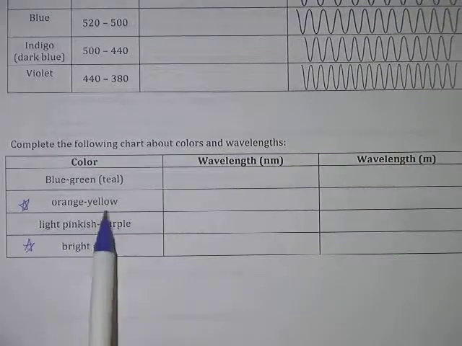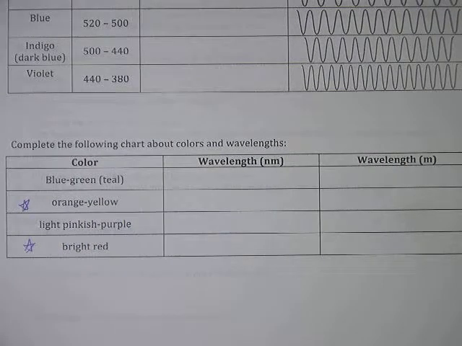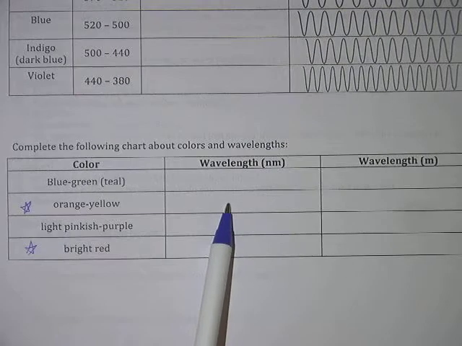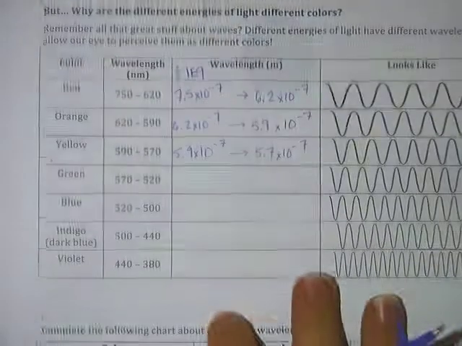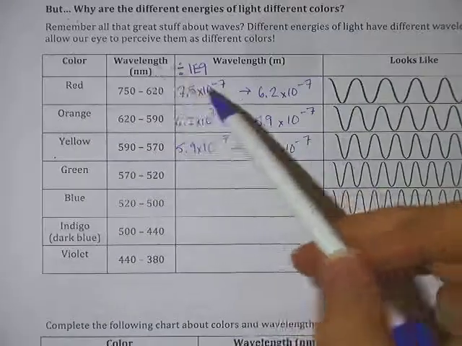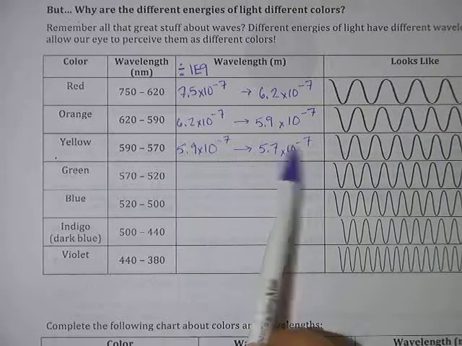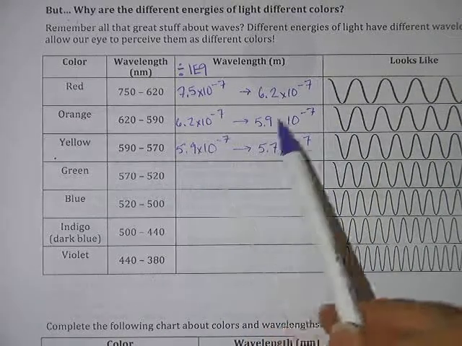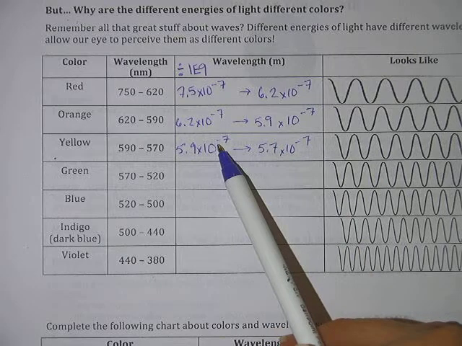So if you see orange yellow light during the lab, and you need a wavelength for what that light would be, well, if we go back to this chart, there's an orange range, and there's a yellow range, and there's a spot where they overlap at this 5.9 times 10 to the negative 7.